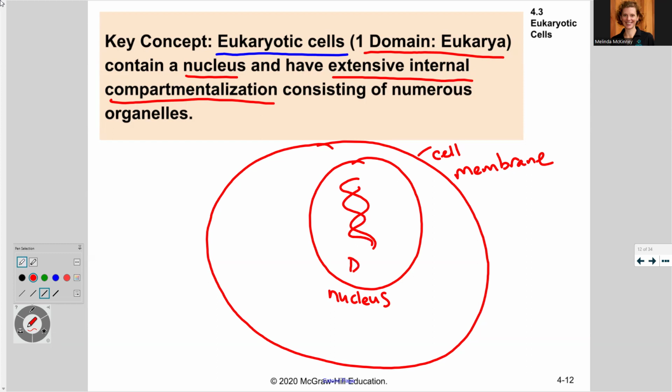So the DNA is protected in a eukaryotic cell in the nucleus. So also you're going to find lots of other compartments inside of the cell, different shapes and sizes that are going to have specialized functions. So we're going to go through those.